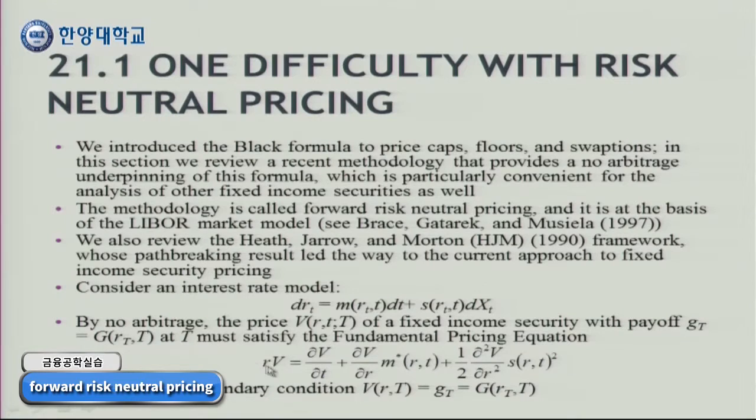So intuitively, this left hand side is the return. V is the current value of the fixed income security or any asset. So you can regard this left hand side as the return if you put V amount of money in the bank.